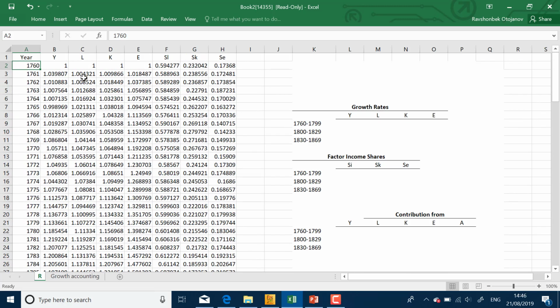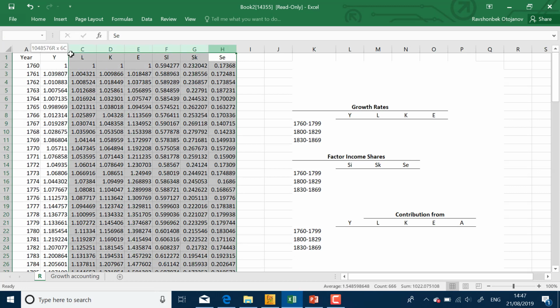This is data from historical sources on output, that's Y, labor, L, capital stock K, energy consumption E, and income shares of labor, capital, and energy in output. So we will need this data for the further analysis.